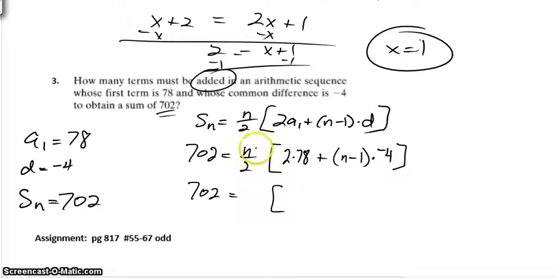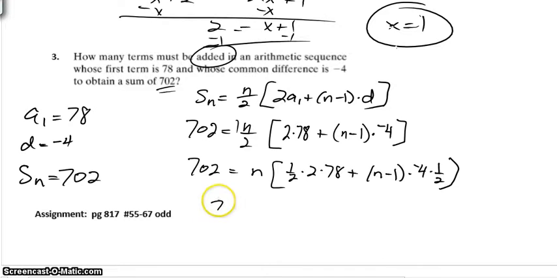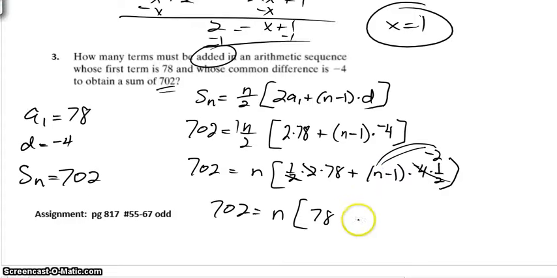Maybe distribute a 1/2 in there? Somebody might be like, what are you talking about? Saying take that 1/2 and just move that in. I'd say, why are you doing that? Because it's going to make our lives a lot simpler. Look, the 2 and the 1/2 are going to go away. You're just left with 78. What's 1/2 of negative 4? Negative 2. And I could distribute that in and get negative 2n plus 2.